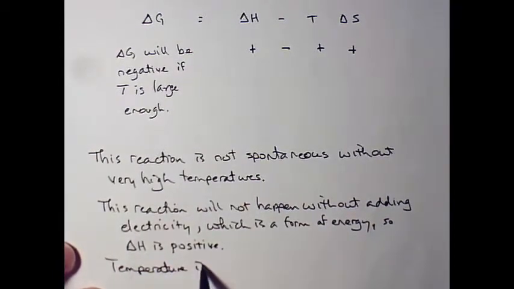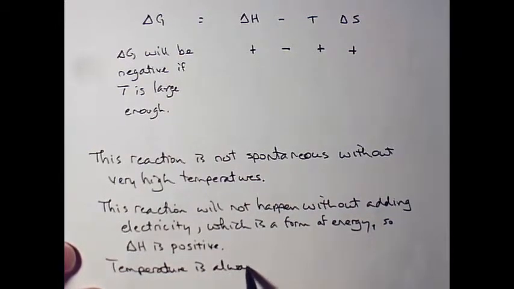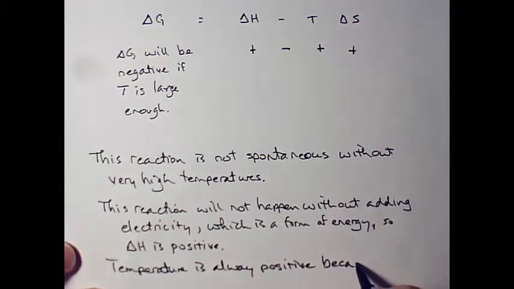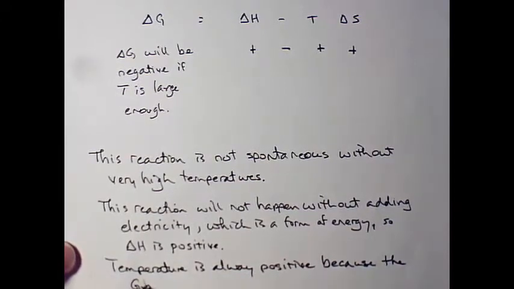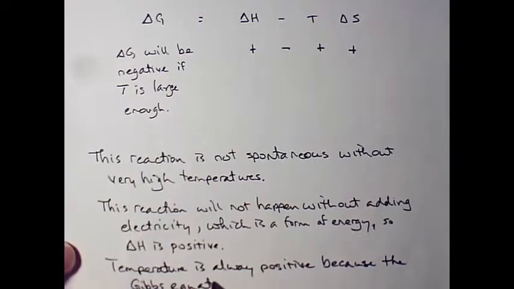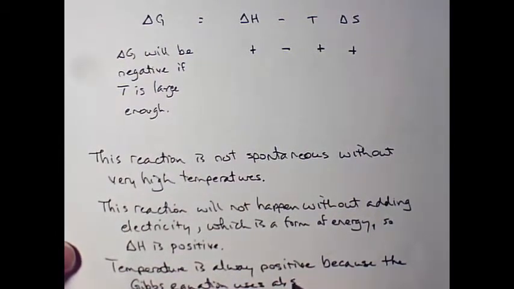Temperature is always positive. Gibbs equation uses absolute temperature. Alright?